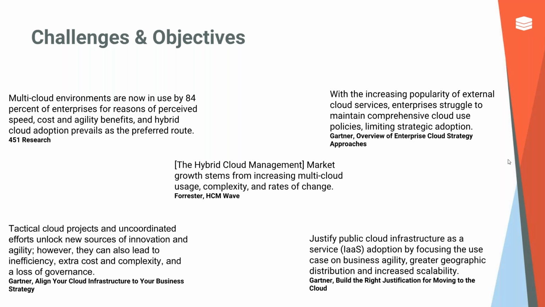You can also see that as a result of all of this, according to the latest Forrester Hybrid Cloud Management Wave, which only came out this past Friday and which you can find on our website, Scalr.com, if you want to read the full report, there's been a lot of market growth in the multi-cloud space due to this increasing complexity. We're also going to share these slides with everybody after we're done here, so you'll be able to dig a bit deeper into this yourselves.